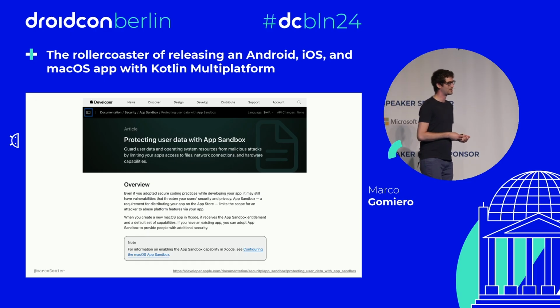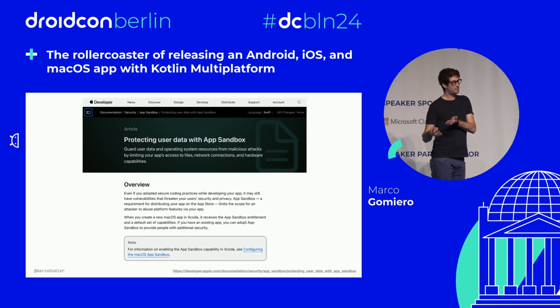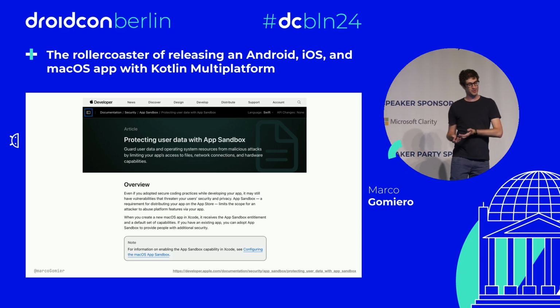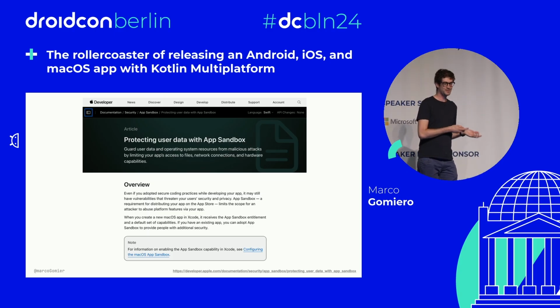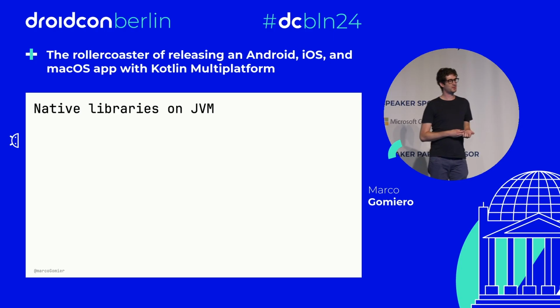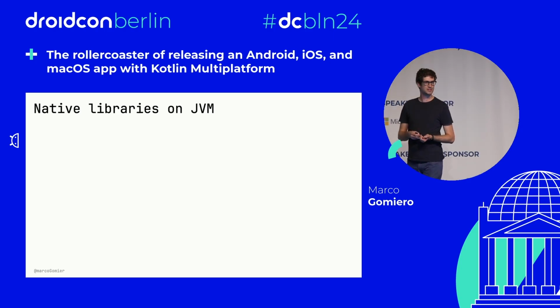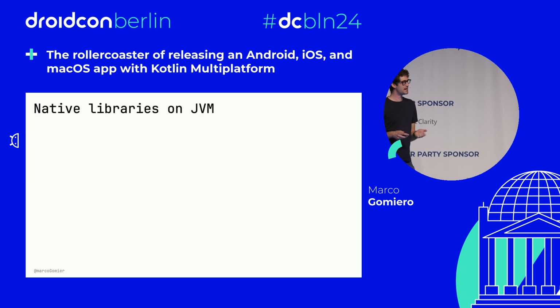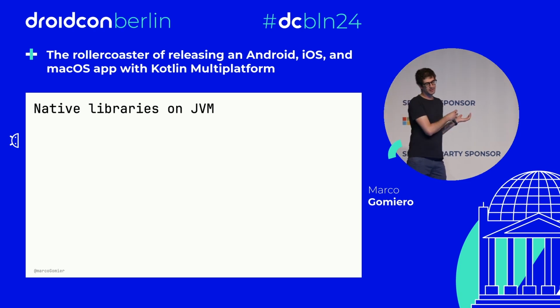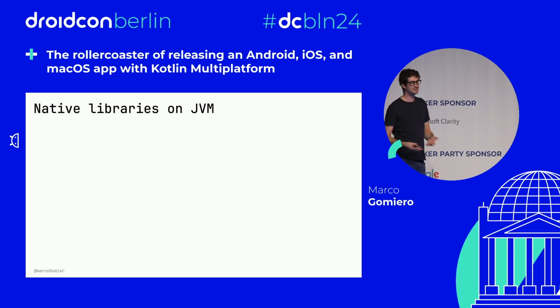So I was apparently loading arbitrary code, which I didn't know, so I couldn't do it. So why? Well, to understand what was going on, we need to understand how native libraries work on the JVM. For example, in this case for SQLite, because we need a native library to actually interact with SQLite.